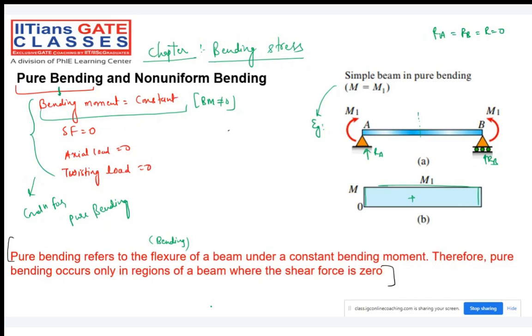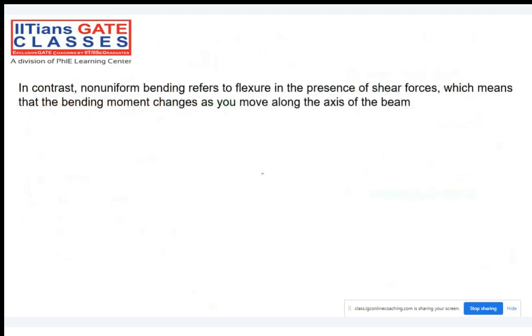Now, note the next case. In contrast to what we have discussed regarding uniform bending, non-uniform bending refers to bending in the presence of shear force. For example, take a simply supported beam subjected to loads like this.